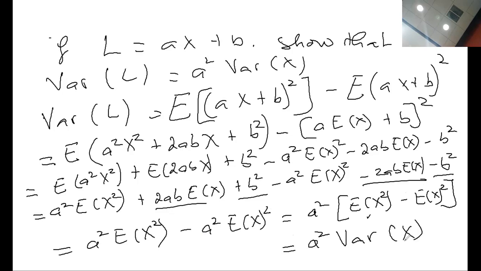So this is the proof of that result. We see that b is gone. It makes sense because if a distribution varies in a certain way and you add the same constant to all values, the variation is not going to change, but it will remain the same variation.